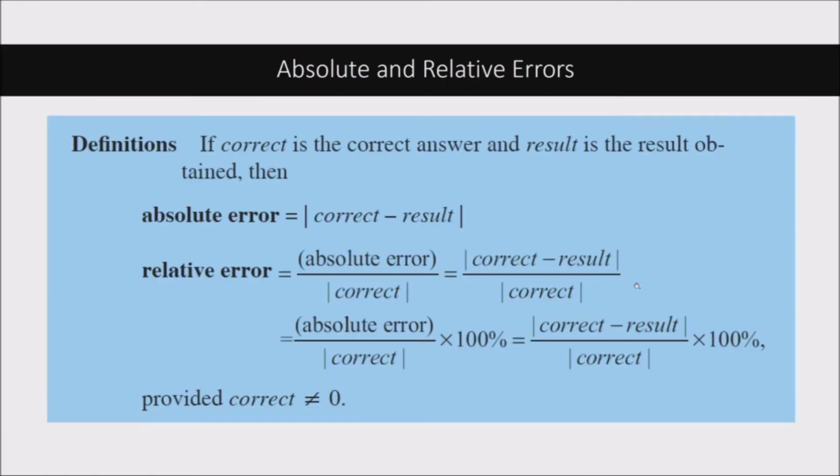Okay, and then this is the absolute and the relative errors. So what is the absolute error and what is the relative error, and what does this mean? Okay, so let's take some values and explore that so you can understand the concept behind it.